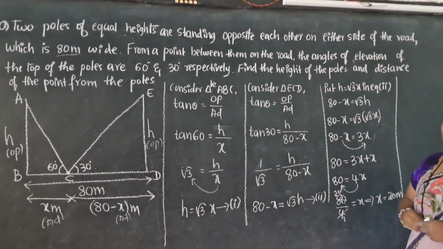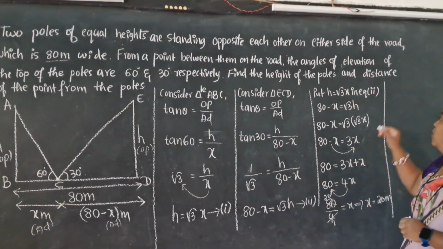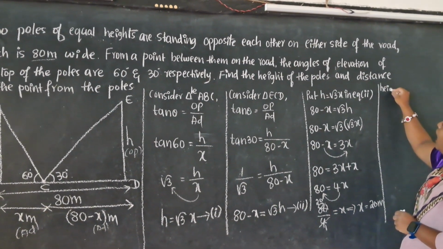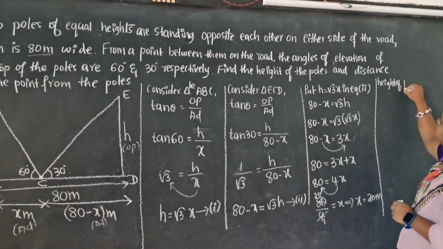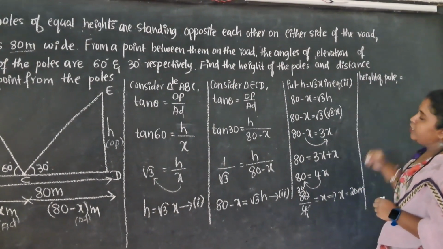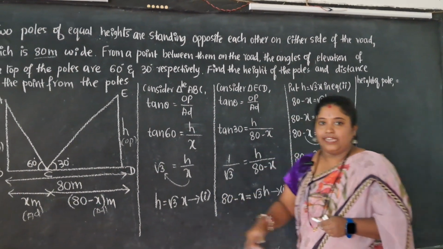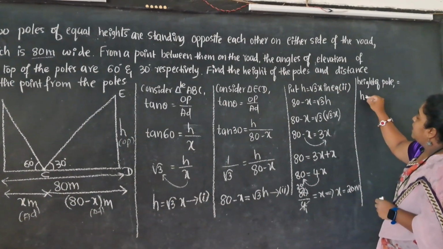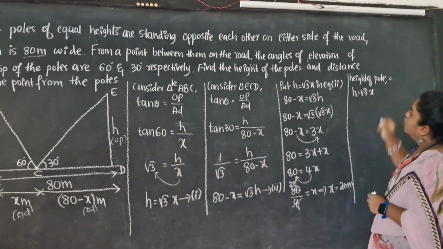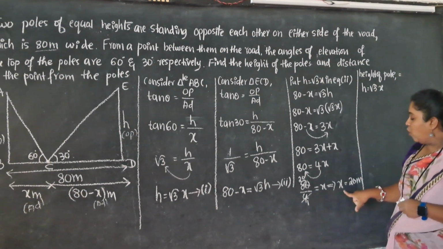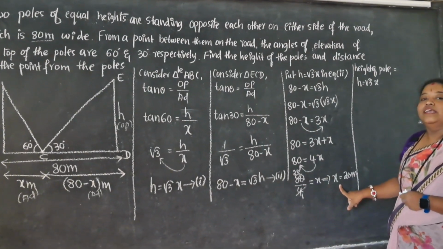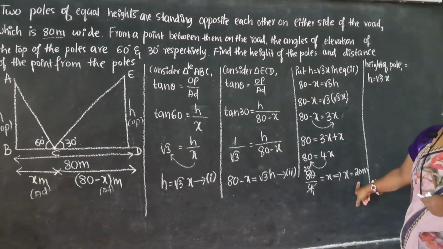Now, we'll calculate the height of the pole. Okay, so I'll be writing here, height of pole. Height of pole can be written as, what, dear? h is equal to root 3 into x, that is the height of the pole. x we have already calculated. What is the x value we have? 20 meter.